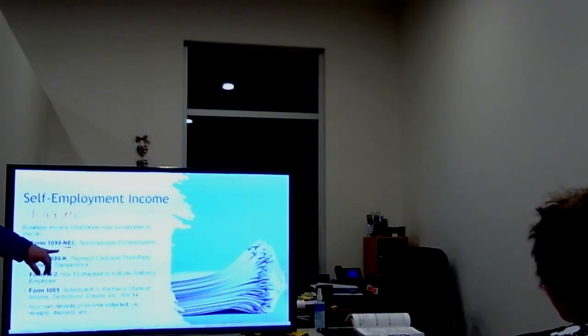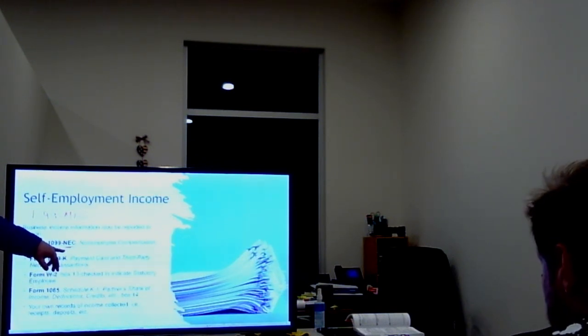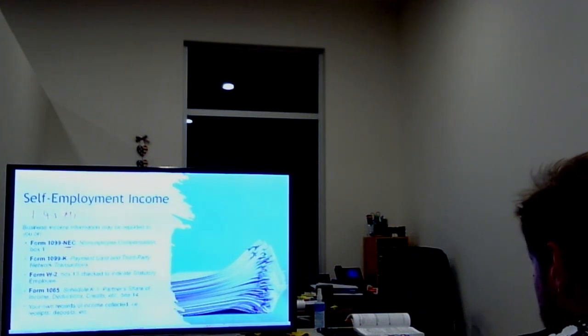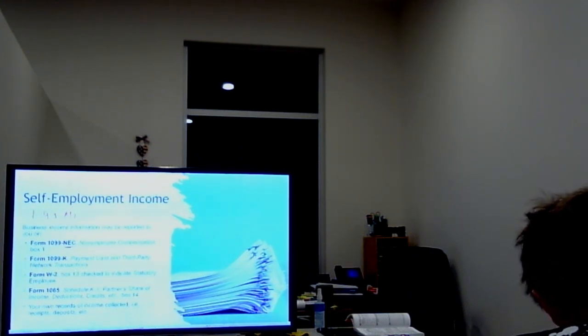Non-employee compensation is a long way of saying this is money that you're paying someone for the work that they do, but they're not your employee. But there are valid types of income that go on a 1099-MISC that are self-employment.